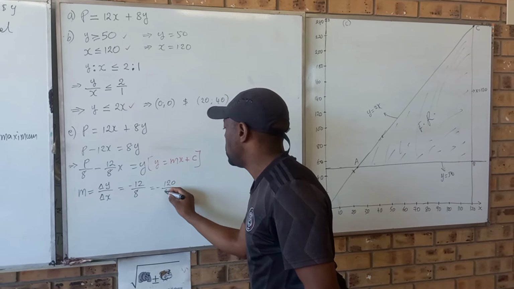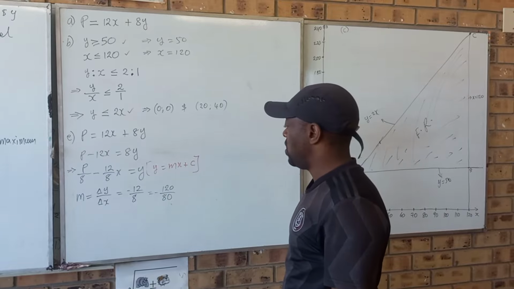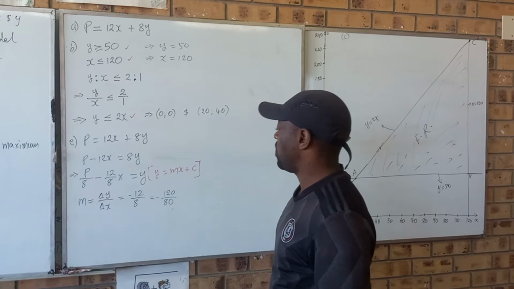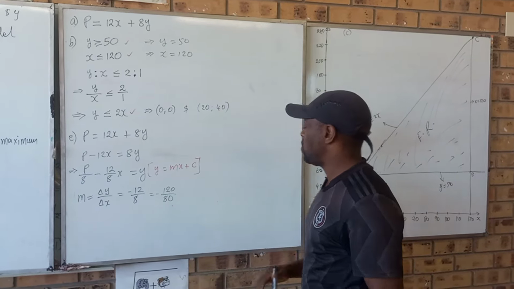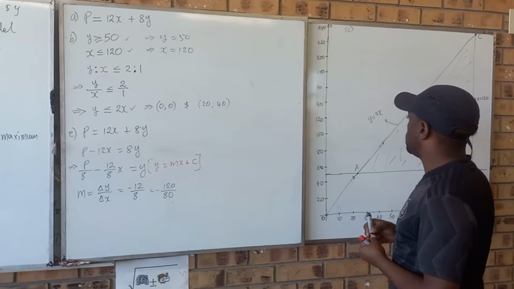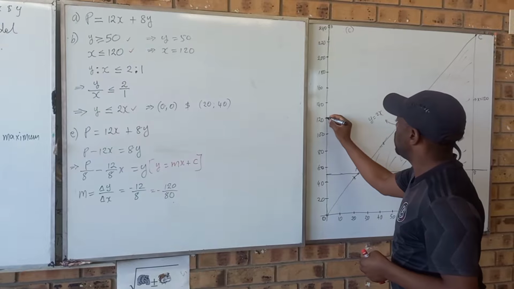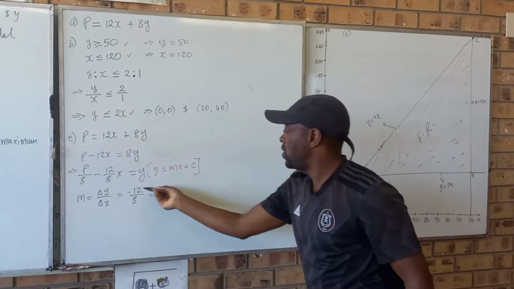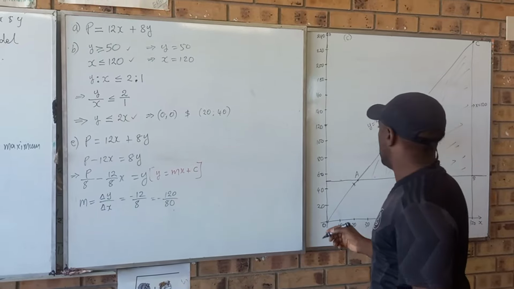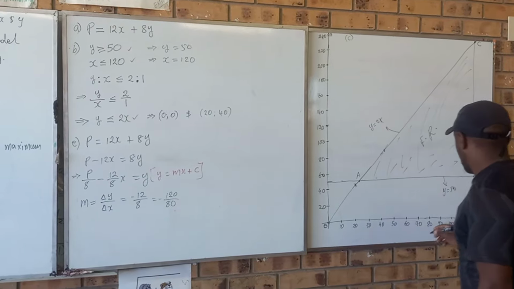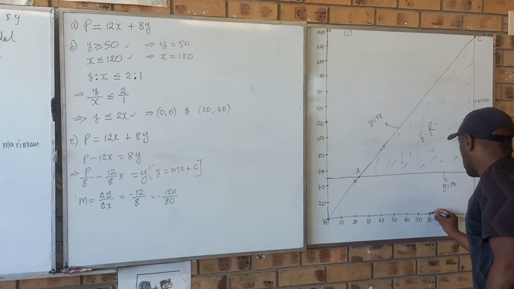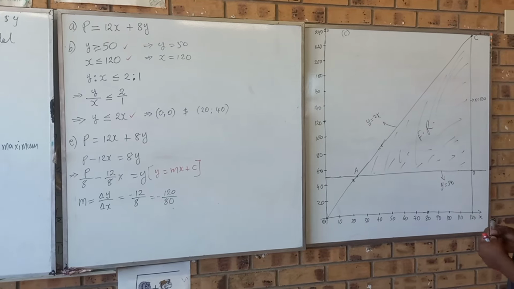Multiply the denominator by 10, it takes me to 80. That is the same thing as 12 over 8. So to draw the search line, I can look for 120 on the y, since 120 is the numerator like y, and 80 on the x. If I link these two, I get my search line.